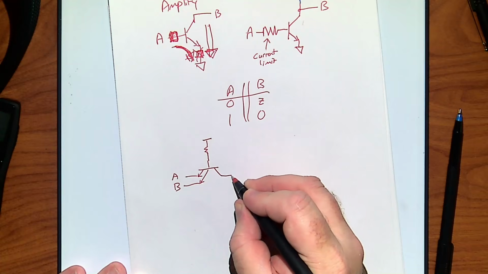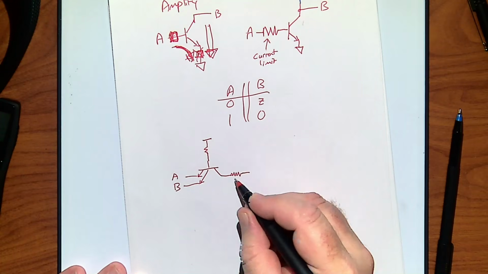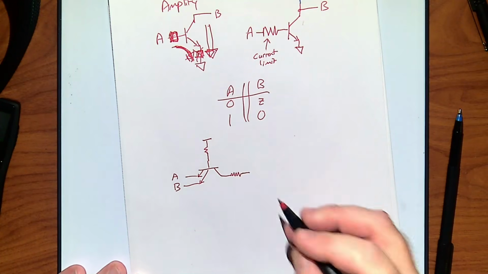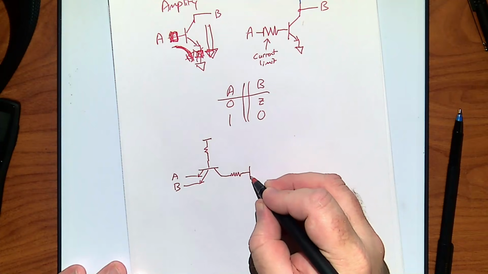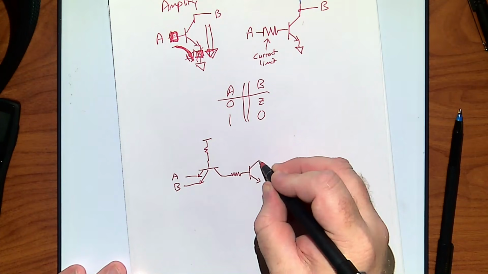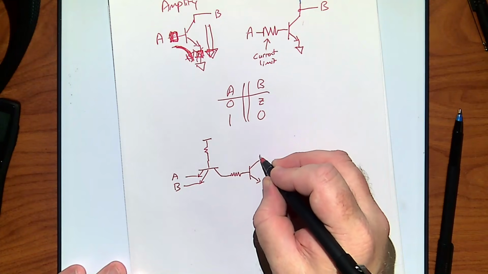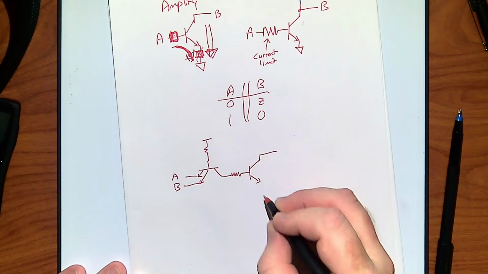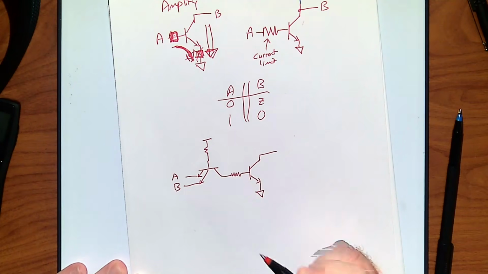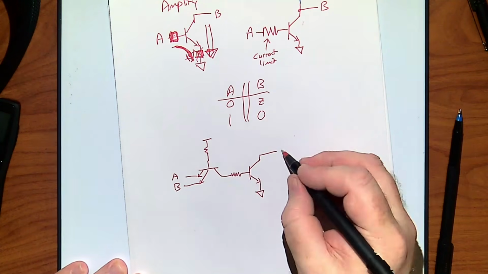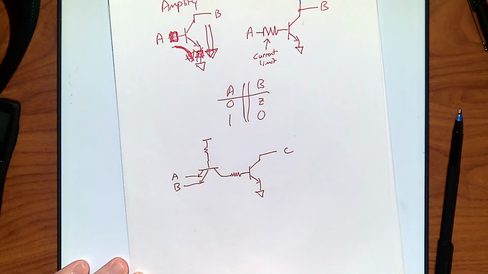And I could put a resistor here if I so choose. We often don't because it actually has another resistor here to protect it, so who cares? But I'll draw it just for the sake of argument. So I've got A, B, and a C output.